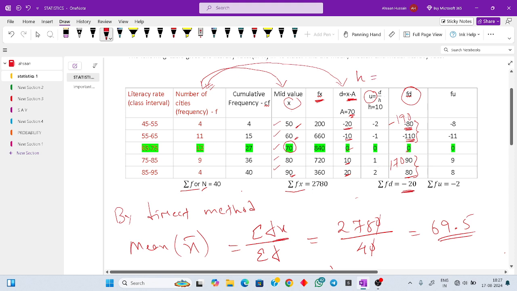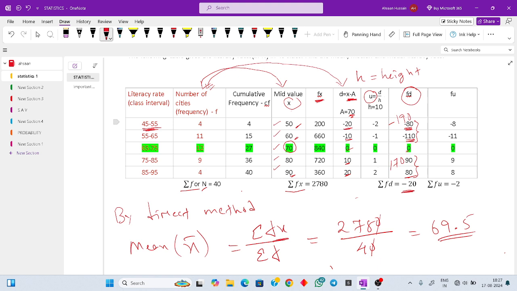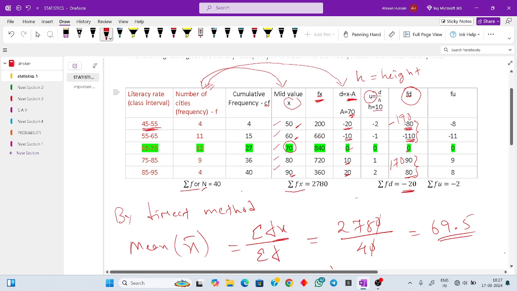Here h means the height of the class interval, or in other words, the difference of the class interval. The difference of 45 and 55 is 10. Same here also, the difference of 55 and 65 is 10. So we'll consider the height as 10.